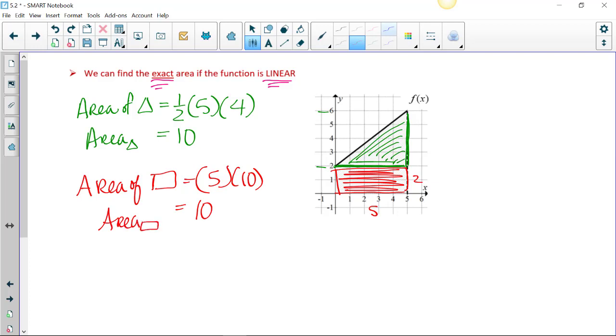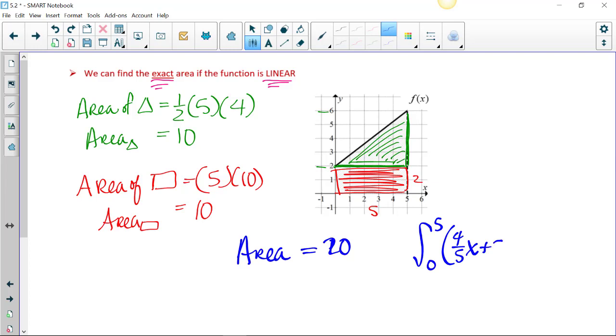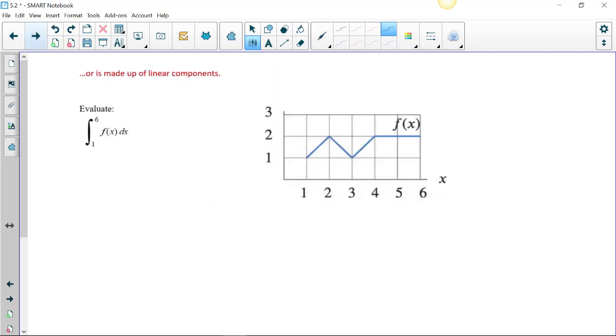All right, so the exact area of this region is 20, which means that the integral from 0 to 5 of 4/5 x plus 2 dx is exactly 20. Okay?